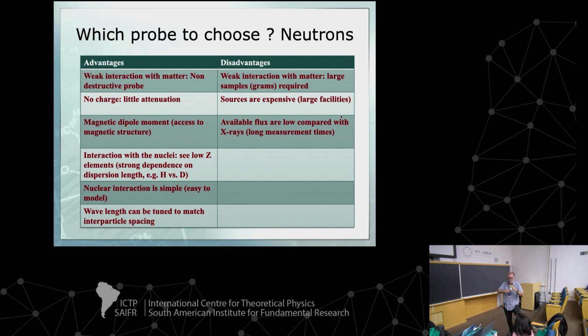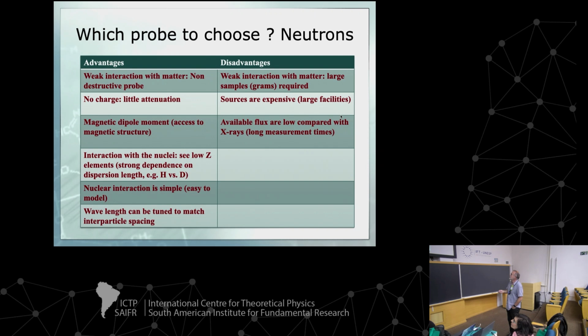So you see how it diffracts, and then you calculate the effective scattering length. The nuclear interaction is very simple, so it's very easy to model. You will see later when we do some theory that it is just a delta function. It's treated like a delta function. And you can tune the wavelength by tuning the temperature of the neutrons.